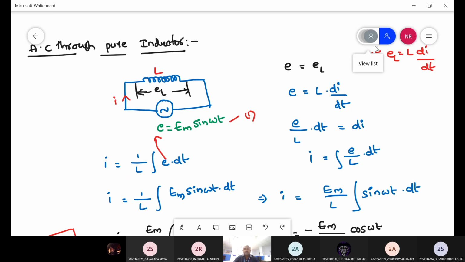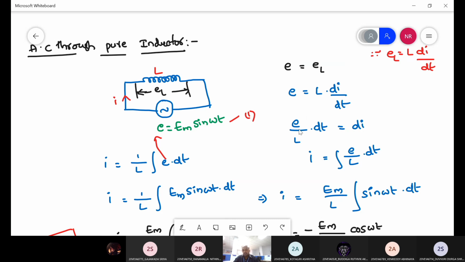How much is the voltage drop across that inductor? That is L into di by dt. According to Kirchhoff's law, the algebraic sum of applied voltages is equal to the drop voltage. So E is equal to EL, and EL is equal to L into di by dt.